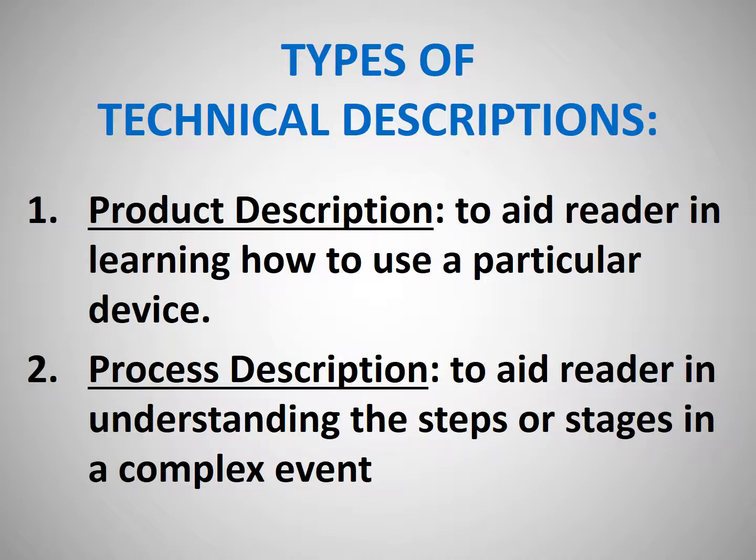Or you're describing a process. And in that case, what you're trying to do is get your reader to see it so well that she or he understands the steps or stages in some sort of complex event. All right, complex, which means you're going to have to break it down clearly so your reader can see all the parts of that event. Okay, so we're talking products and we're talking processes again.